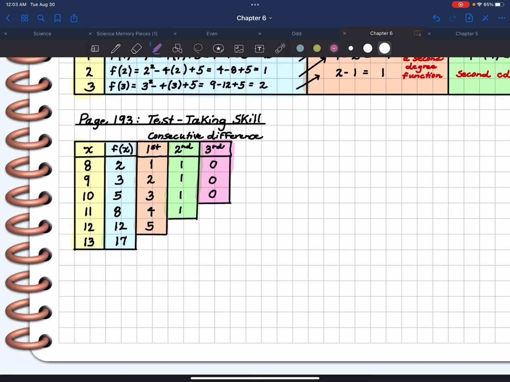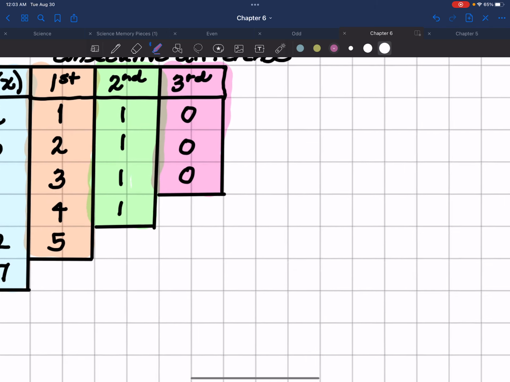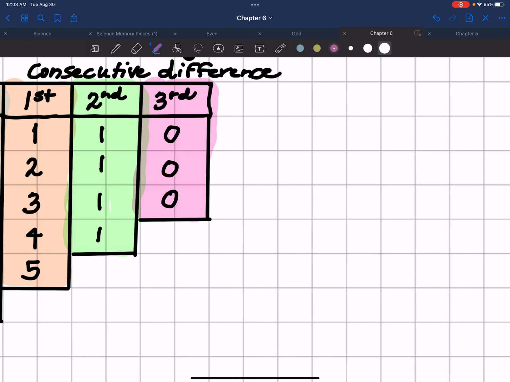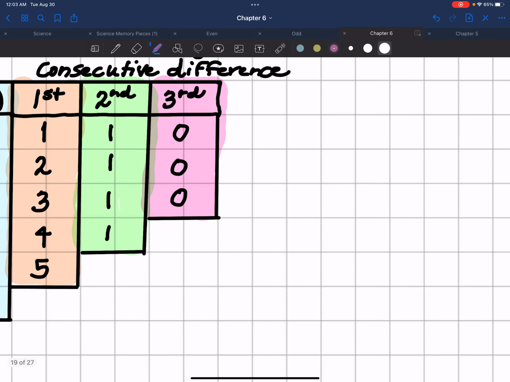The table shows the first, second, and third differences for a function f of x. So let's take a look here at the consecutive difference columns. The first column is not common. They're consecutive, but they're not common. The second column is common, and the third column is common.